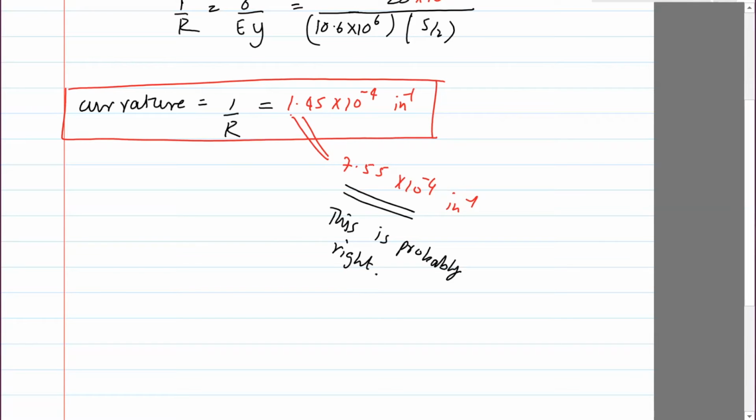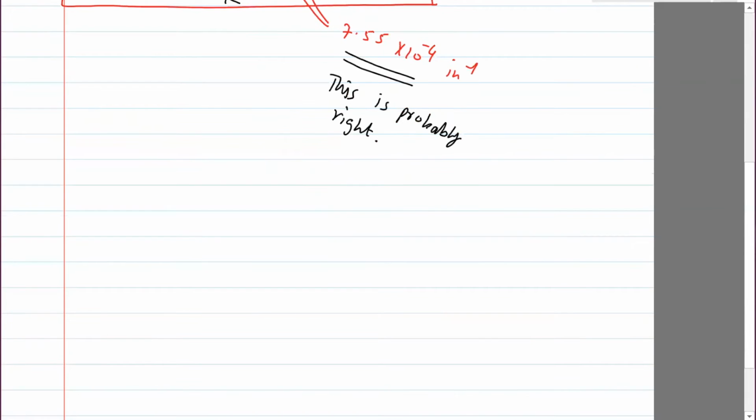Can you briefly explain why the y value, the 5 divided by 2, doesn't correlate to the geometry? Why is it divided by 2 in all cases? Sure. So you have M divided by R equals sigma divided by y.